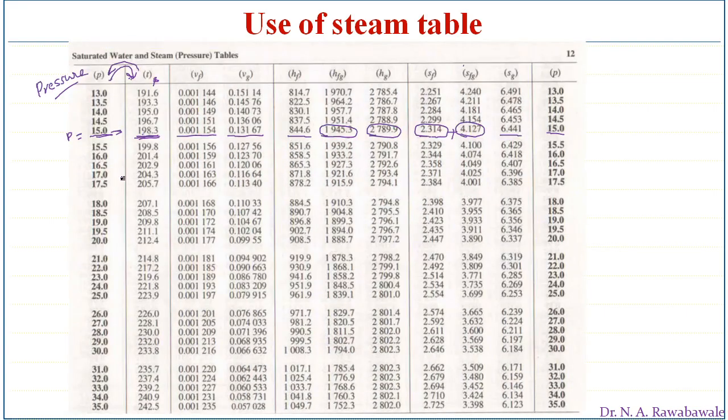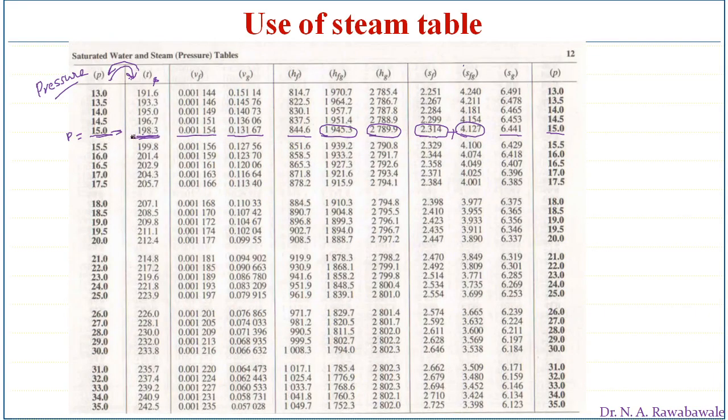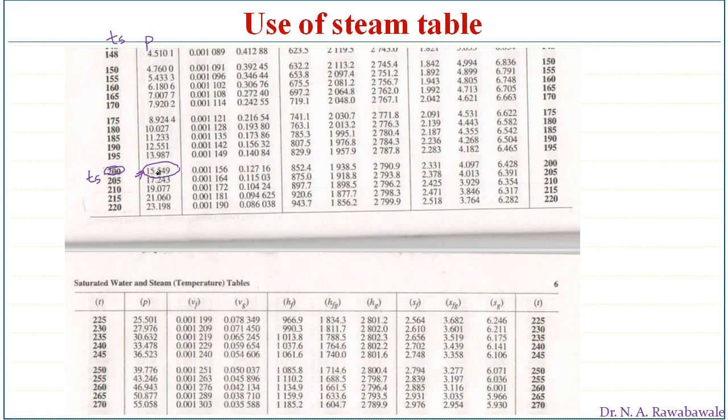And in the previous case, corresponding to 15 bar, saturation temperature is 198. So only these two columns are interchanged. You can see here 215, and in the previous case it is 15, 200, not exactly 200, it is 198. So here it is 15.5. Other values are approximately the same.